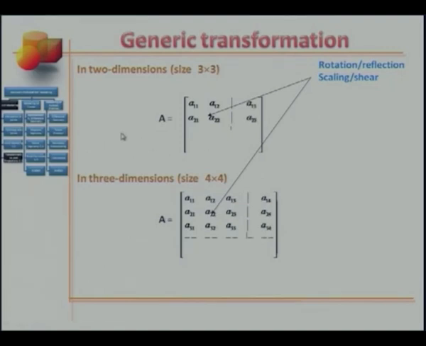The top right submatrix in case of two-dimensional transformations is of size 2 by 1. In case of 3 dimensions, this top right submatrix is of size 3 by 1. We have seen before in case of 2 dimensions that these 2 elements represent translation along the x coordinate and along the y coordinate respectively.